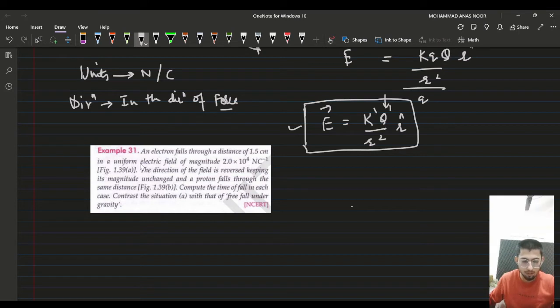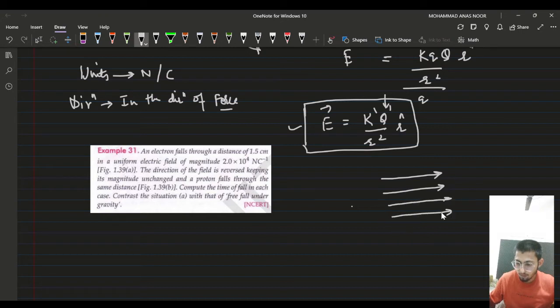We'll discuss later what is uniform and what is non-uniform electric field. But for now, you think of the uniform electric field as one in which the distance between the two electric field lines is the same.